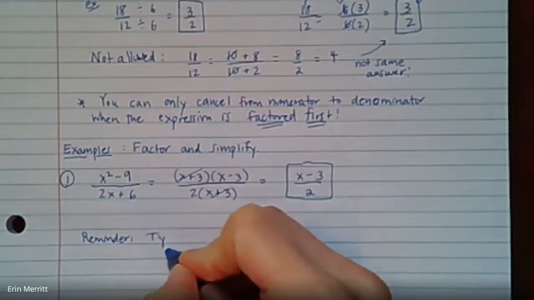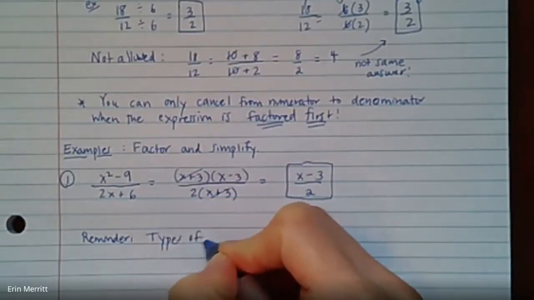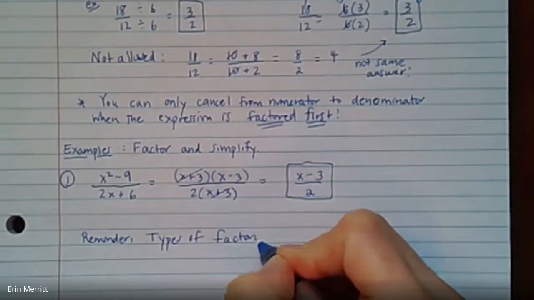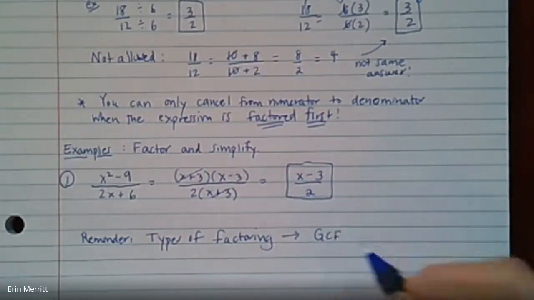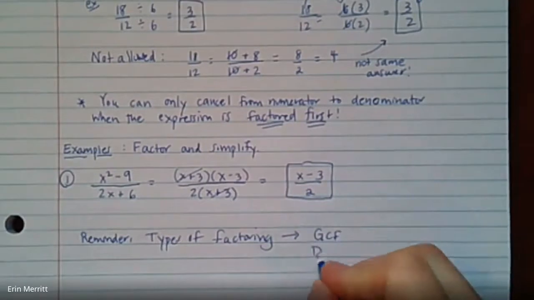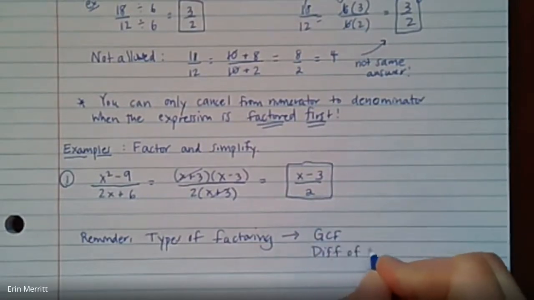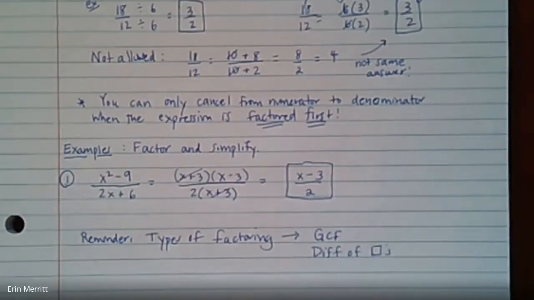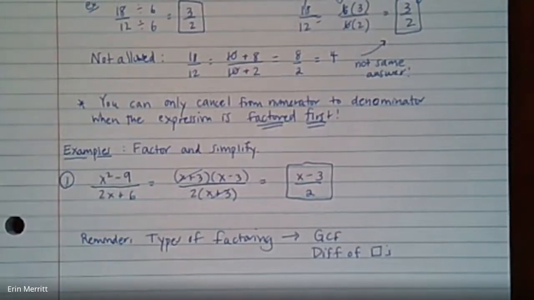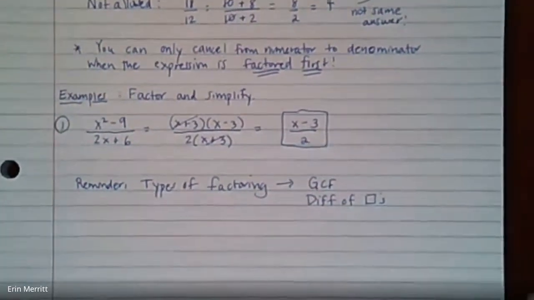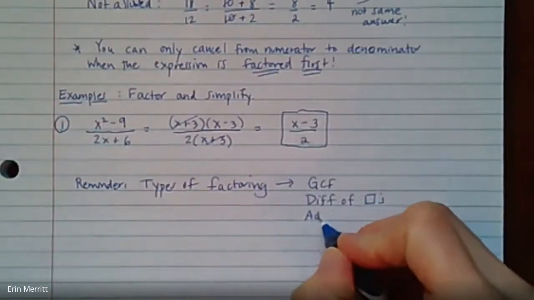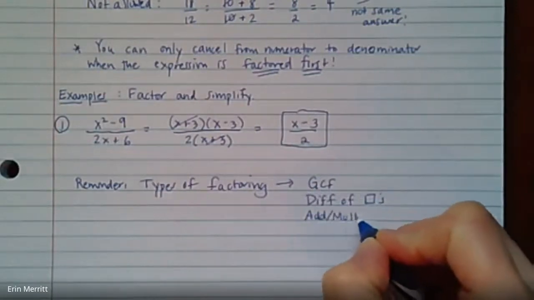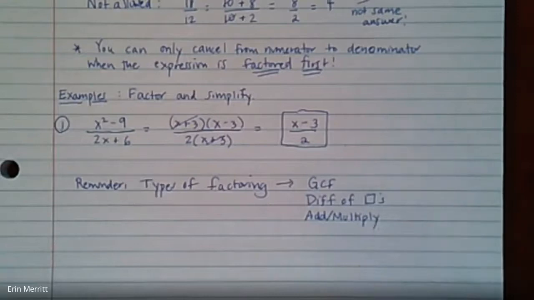all the types of factoring. We just saw GCF and difference of squares, or difference of perfect squares, however you'd like to write it. Either one is totally fine. Other methods, we can do our whole add multiply, which is trinomial factoring.